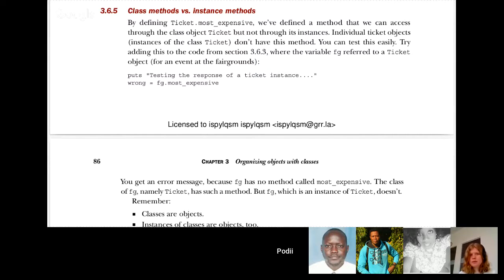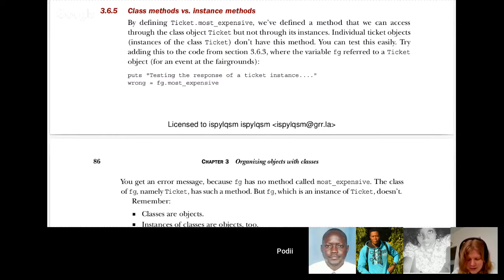It's an instance method because you can only use it on Ticket. You can't use it on anything else. No, I think it's the other way around, because you're calling it on a class. Ticket is a class, so then it's a class method. Yeah, I think he's a bit confusing.